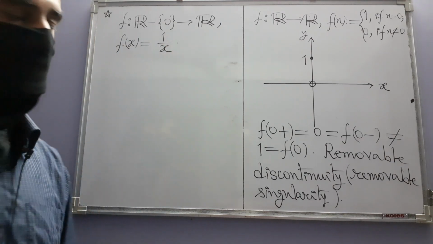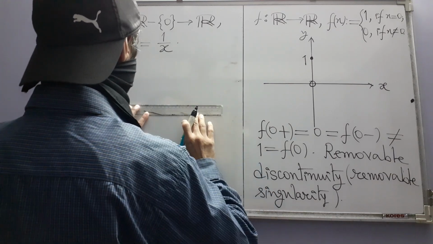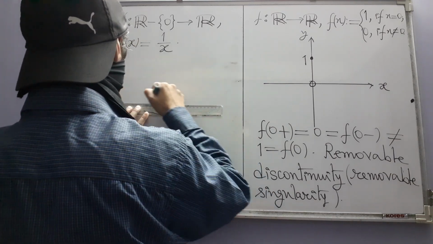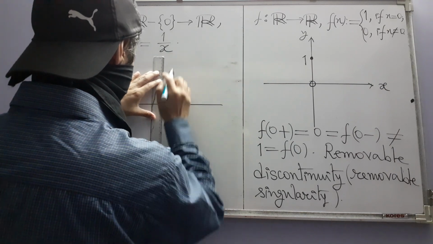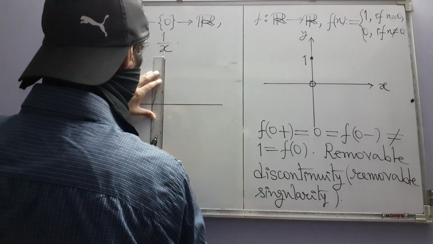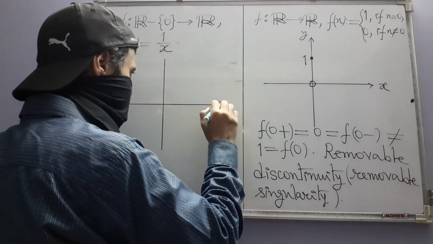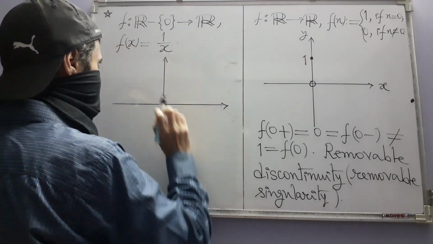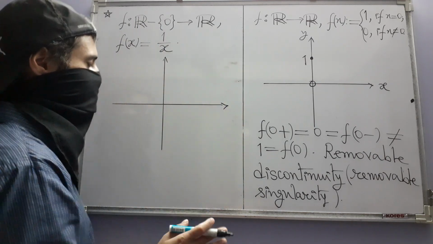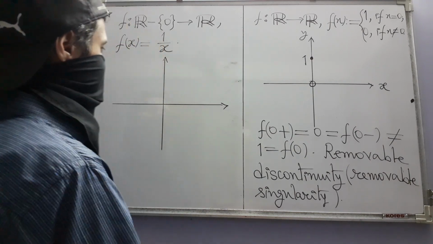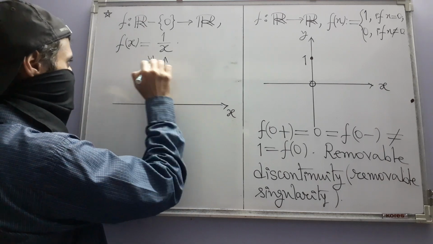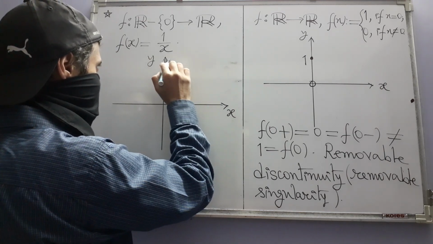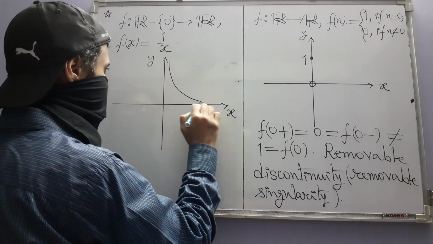If you draw the graph of this, you know how the graph looks, rectangular parabola. What the hell am I saying? Rectangular hyperbola. Roughly, it looks like this.